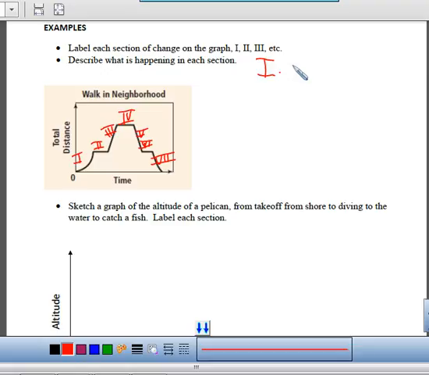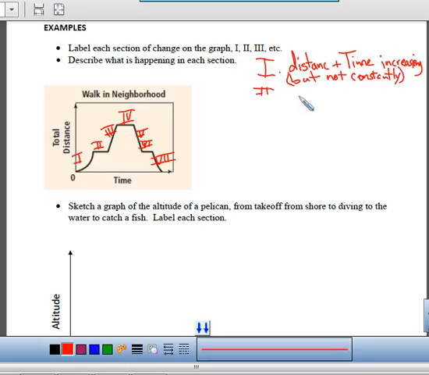So distance and time increasing, but not constantly. So put that in parentheses. And constant means that it's steady.